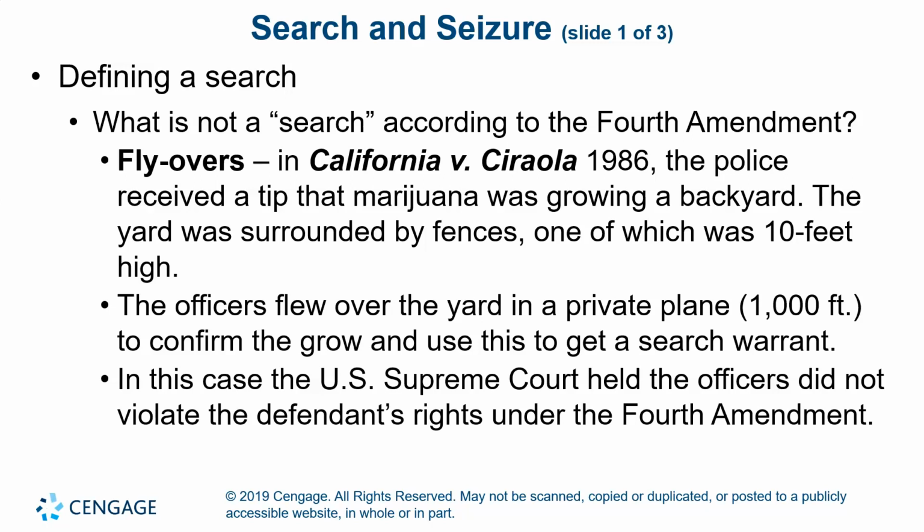So you can't climb over the fence because you're invading the curtilage, right? But here the officers flew over the yard in a private plane 1,000 feet up to confirm the grow and then used this to get a search warrant. And in this particular case, the U.S. Supreme Court held that the officers did not violate the defendant's rights under the Fourth Amendment.